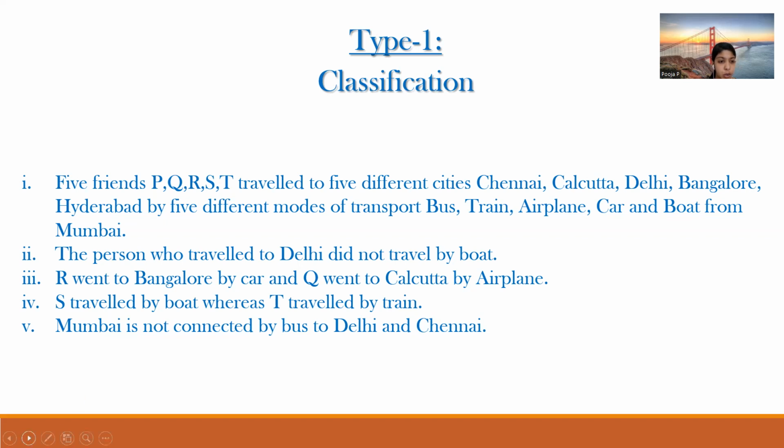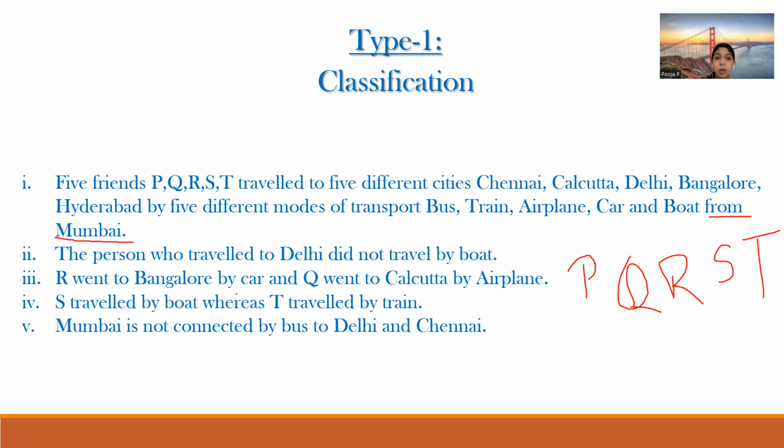So what you have to do from this is to start recognizing who traveled where by which mode. Remember one thing, they all started from one common place, that is from Mumbai. So we have P, Q, R, S, and T. Okay, the person who traveled to Delhi did not travel by boat.